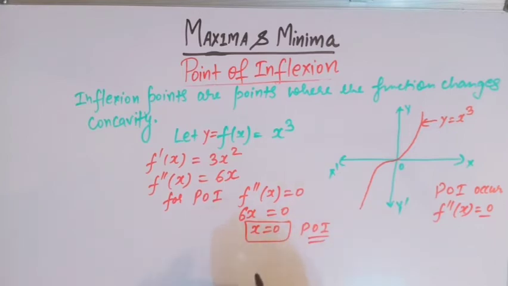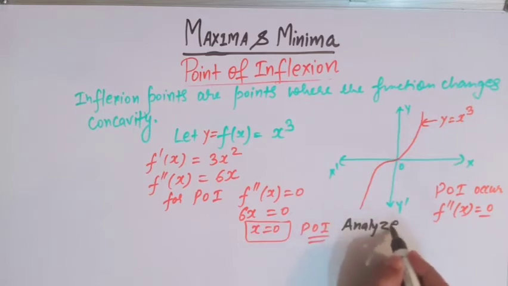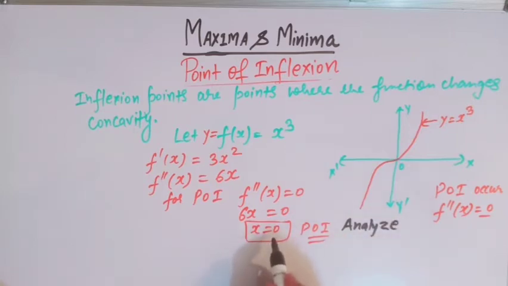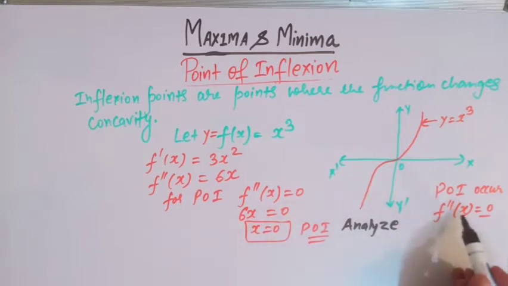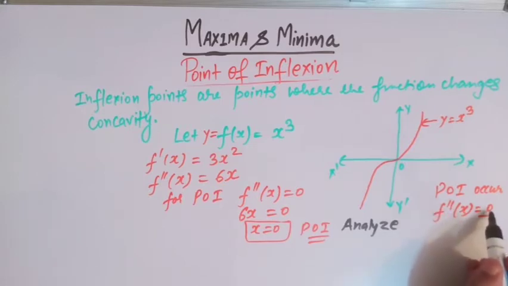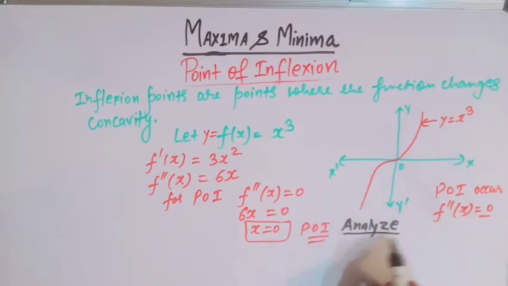Now let us analyze whether x equal to 0 is a point of inflection or not, because whenever f double prime of x is 0, we cannot say that there is a point of inflection. So let us analyze it.